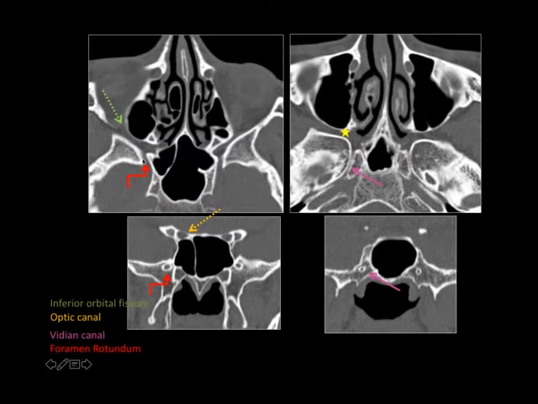Posteriorly and superiorly, it opens into the intracranial cavity through the foramen rotundum, and inferiorly is the vidian canal, which connects with the foramen lacerum. Okay, so these are the same coronal sections. Here we have the optic canal where the optic nerve is present. Foramen rotundum is lateral and superior compared to the vidian canal, which is located medially.